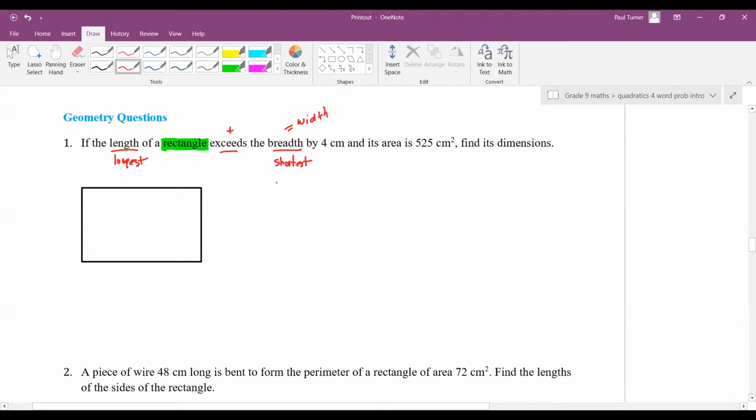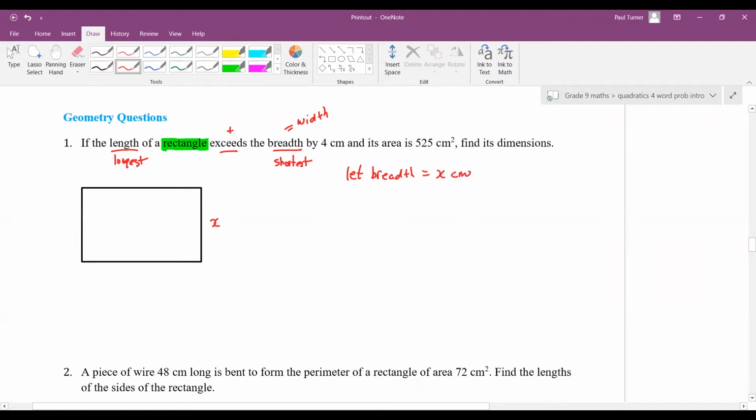Okay, so what I did here, I let my breadth or my width be x. So let breadth equals x centimeters. Okay.